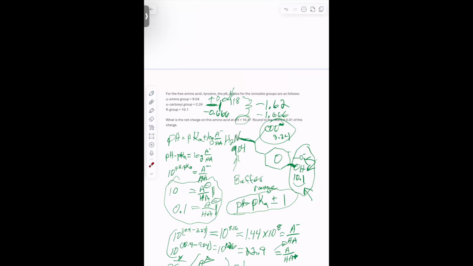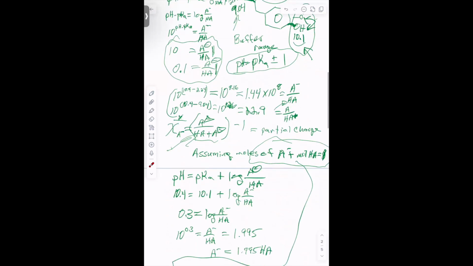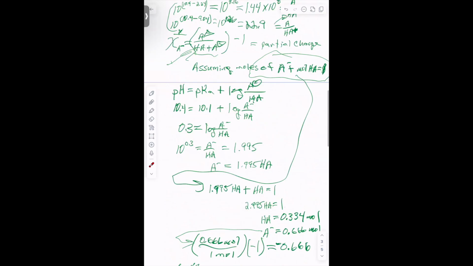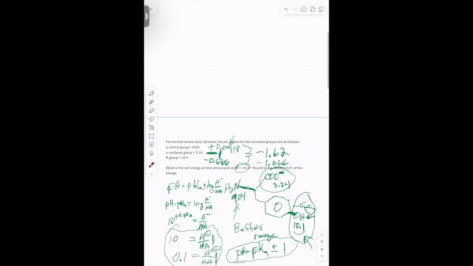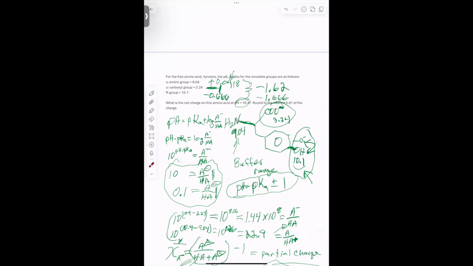If it's within 2 pH units, you would probably have to go through this calculation. Outside of that, you can make the same kind of conclusion we drew for this one, where it's essentially all the deprotonated form.